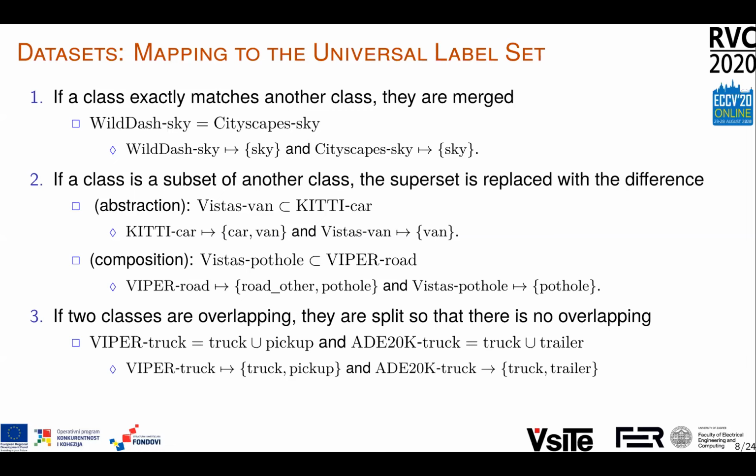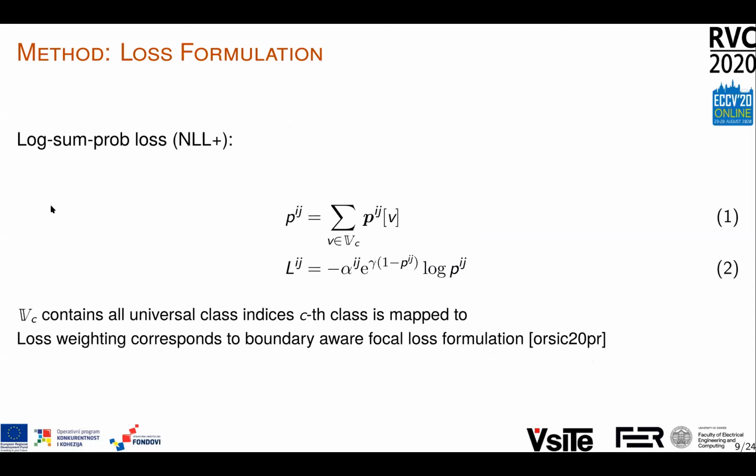Note that the universal taxonomy maps some classes to multiple classes at once, which cannot be handled by standard loss functions. Therefore, we formulate a log-sum-prob loss, which we call NLL+, to train multiple classes given a single output.